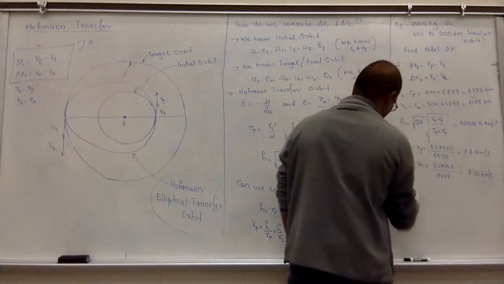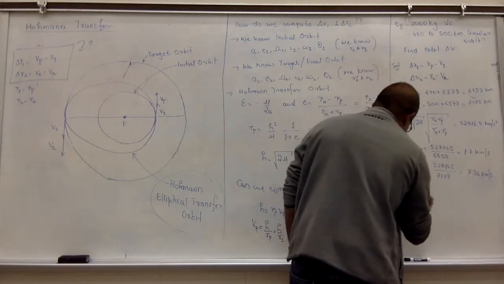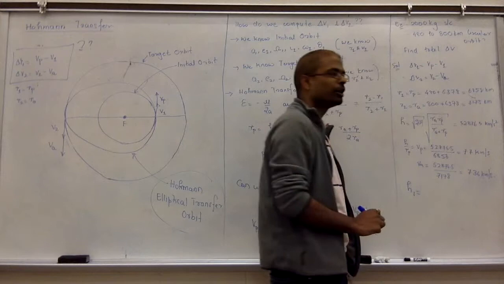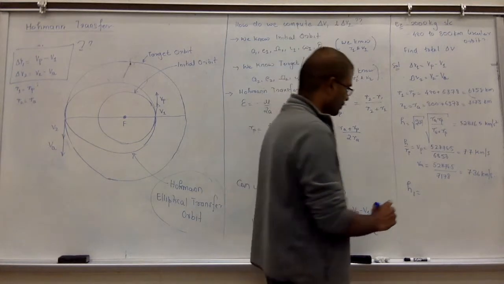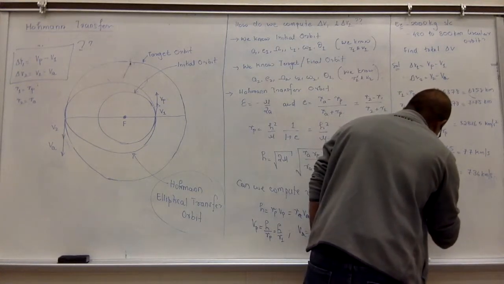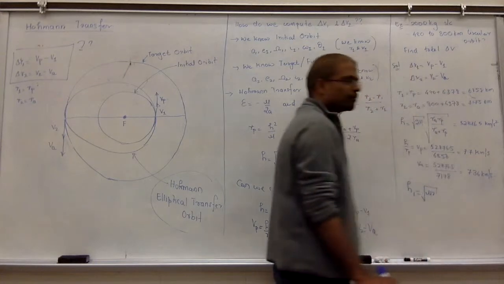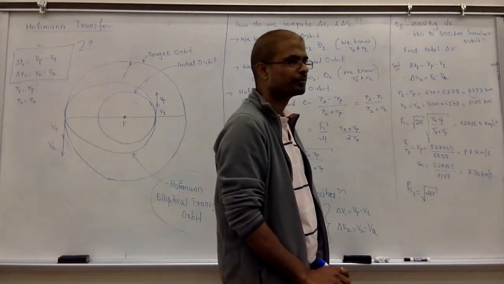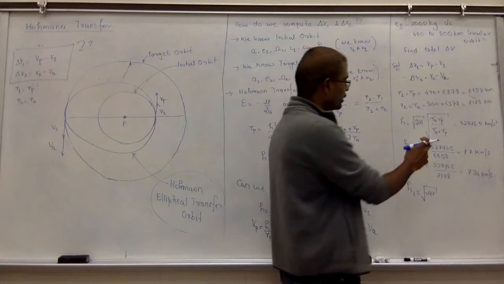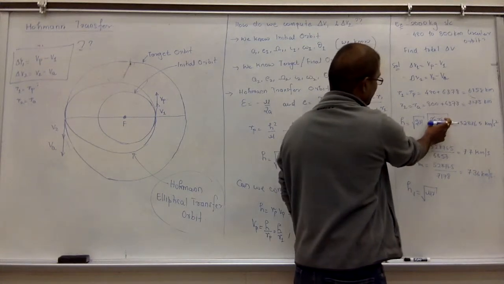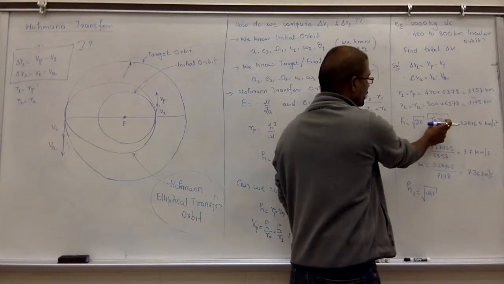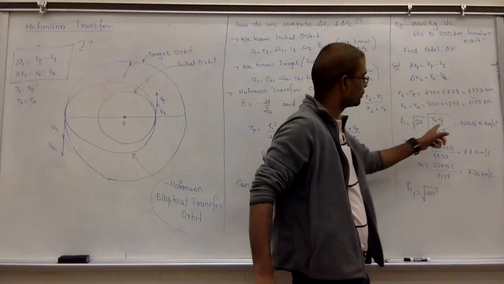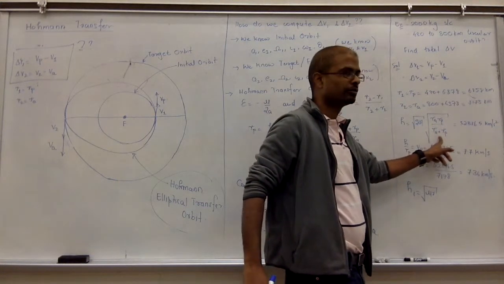So what is H1? H1 is simply root of mu r. See, here, think about just this, okay? So H1 would be for the circular orbit. This would be simply r square over 2r.